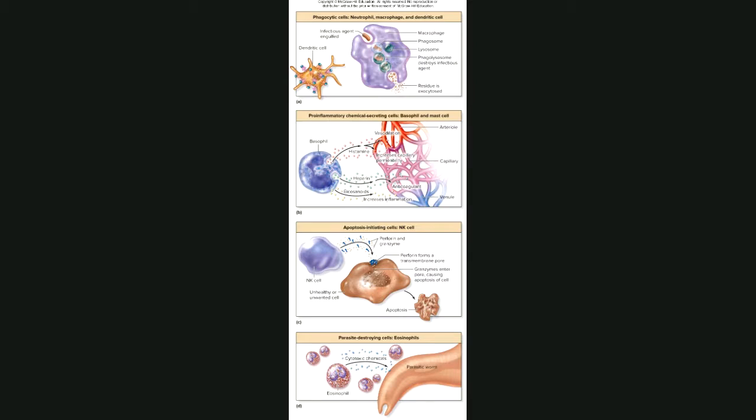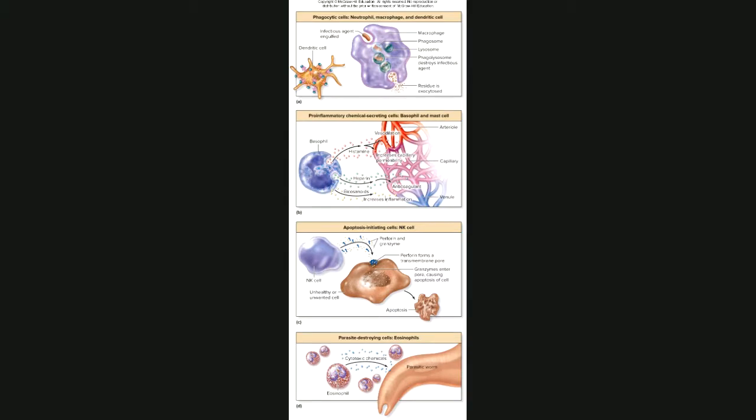All right, so this first group of cells are cells that like to engulf things and destroy them internally. So we have a dendritic cell, or this could be a macrophage, as well as neutrophil, are going to be your engulfers. Okay, they're phagocytes. They are eating things.